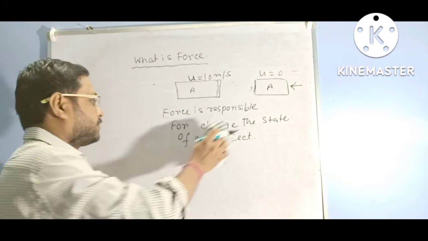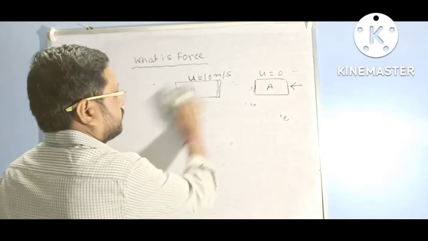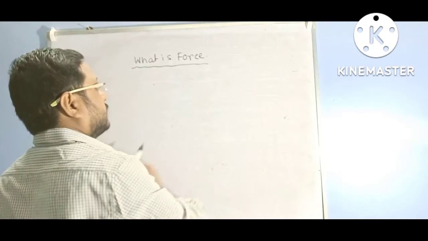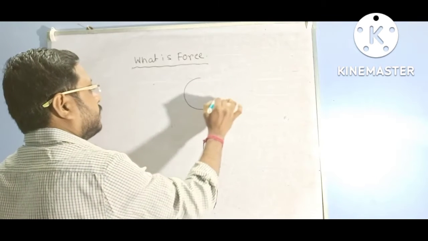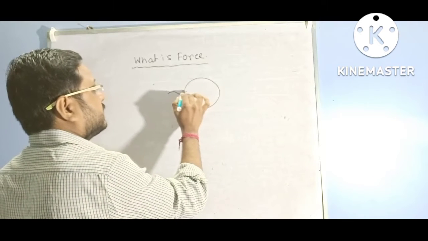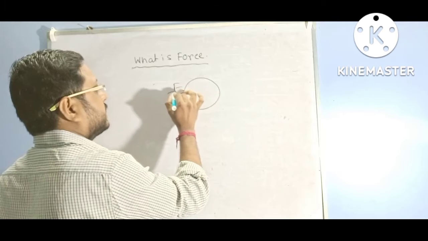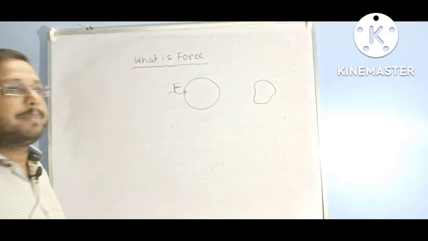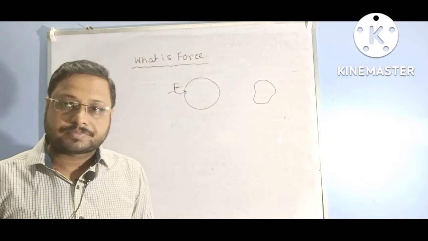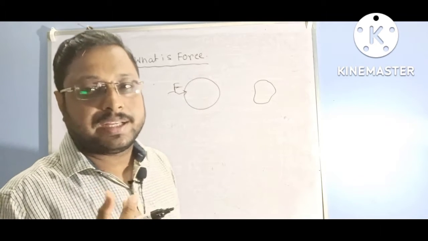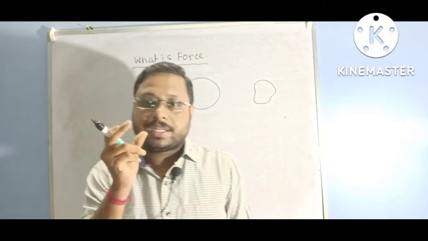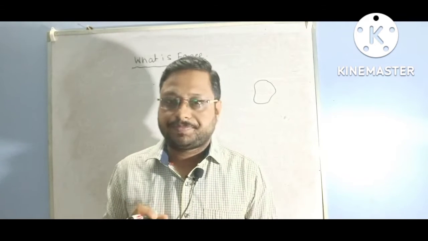Or we can change the shape of an object by applying force on it. Suppose we take an eraser and we push it with our finger, then its shape will be changed.